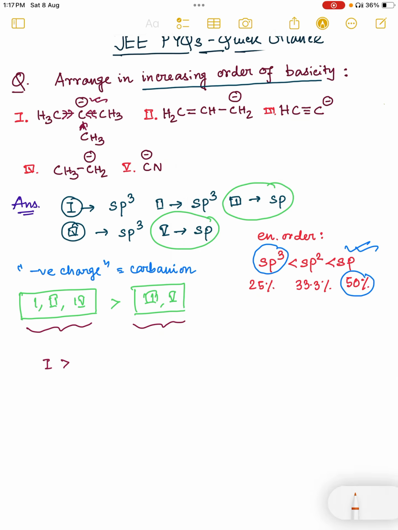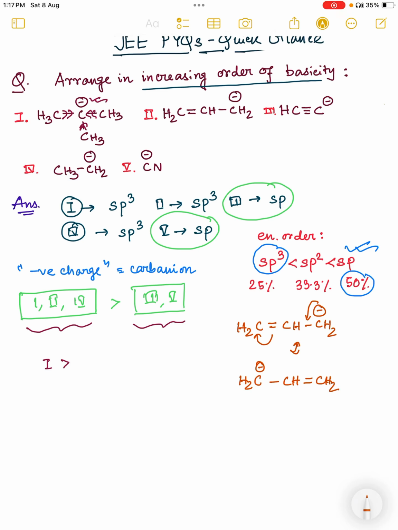If we go to the next example, 2, it is nothing but an allyl carbanion, H2C=CH-CH2 minus. Here, instead of the methyl groups, we have two hydrogens on this carbon and one vinyl group. By virtue of resonance, this negative charge can be stabilized, and this generates two equivalent resonance structures.